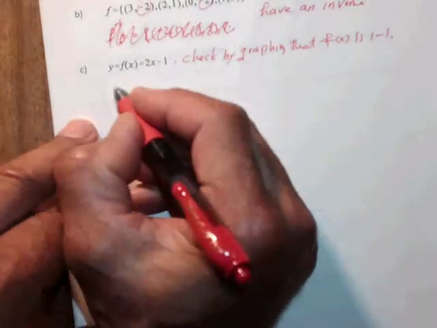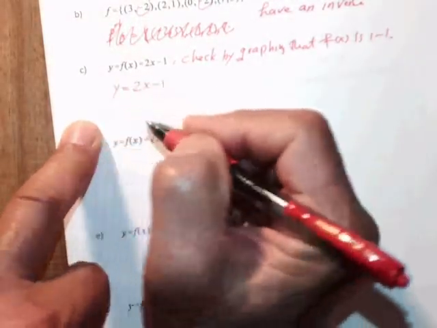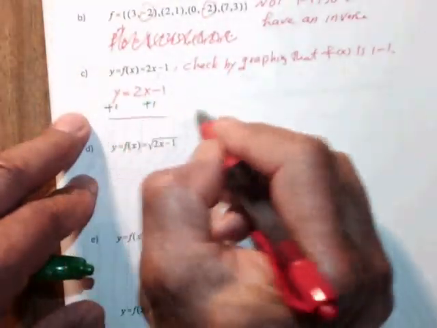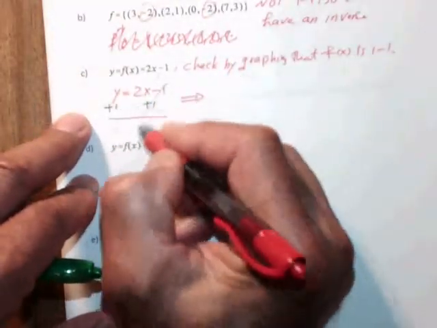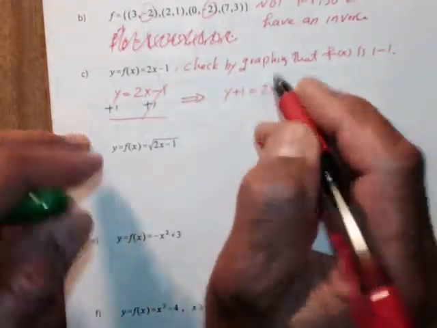As I said, start by saying that y equal to 2x minus 1, and then I'm going to solve for x, so I add 1 to both sides. These ones cancel out, I get y plus 1 equal to 2x.